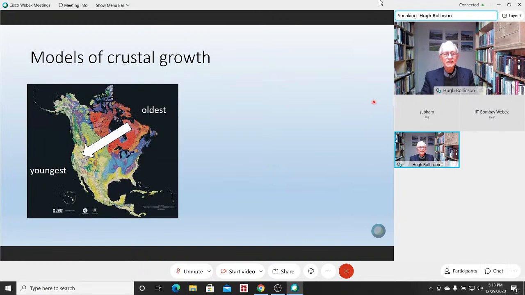If in this case we take North America as an example, this coloured map shows us that the continent of North America has grown over geological time. We can see that the red area in the northeast of the United States and in Canada represents the oldest rocks forming the cratonic rocks of the Canadian Shield.